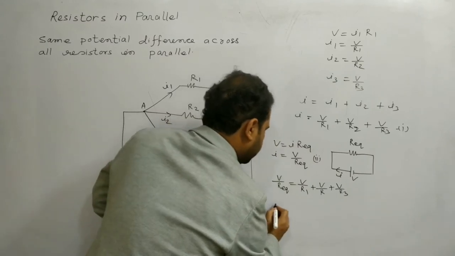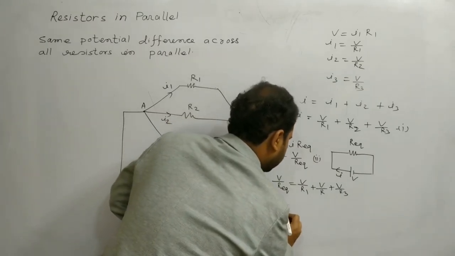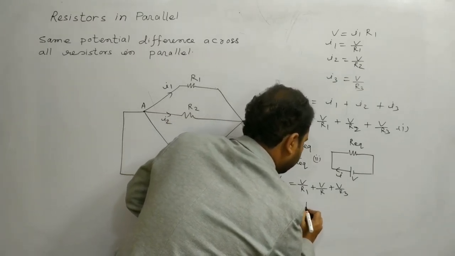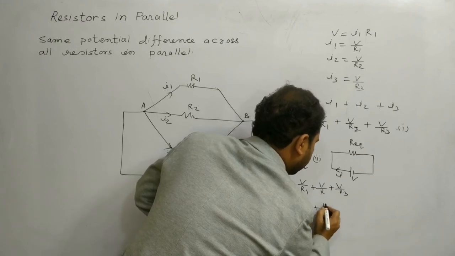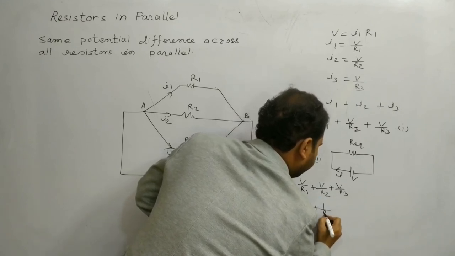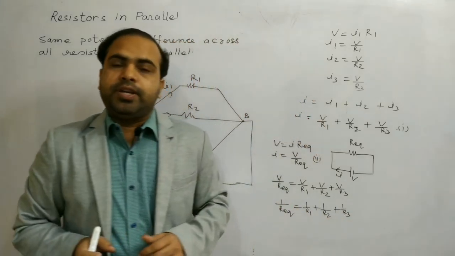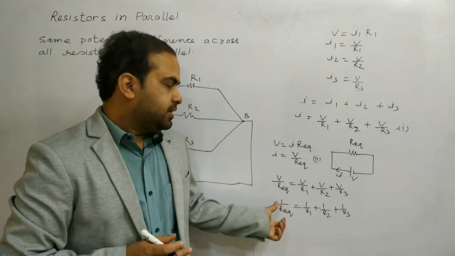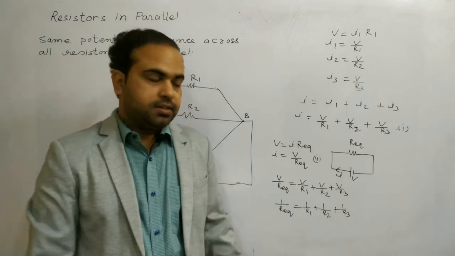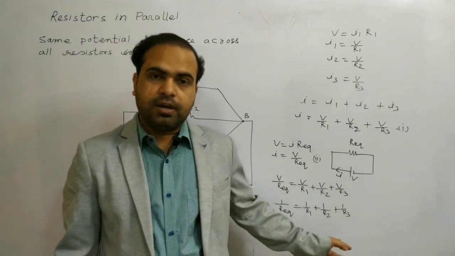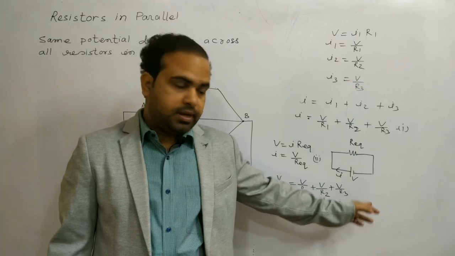From here we get 1 by R equivalent equals 1 by R1 plus 1 by R2 plus 1 by R3. So in parallel combination, equivalent resistance is related by this equation: 1 by R equivalent equals 1 by R1 plus 1 by R2 plus 1 by R3.